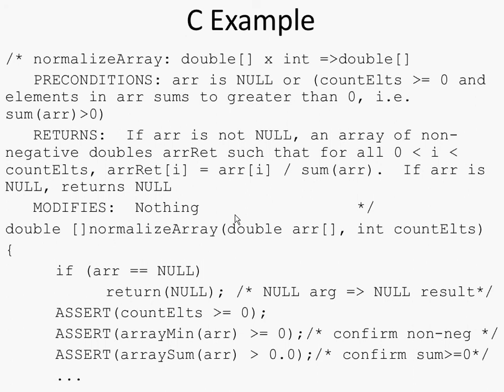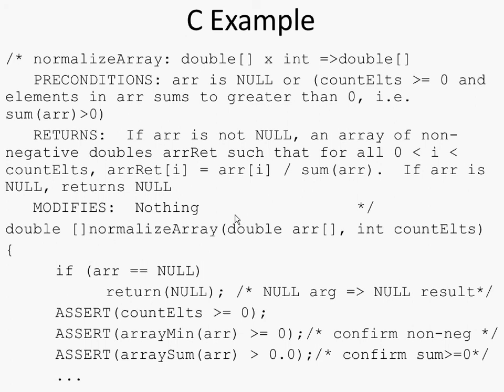Otherwise, if it's not null, it returns an array where each element is equal to the corresponding element of the array it got in, divided by the sum of all the elements of that array. And what does it modify? What does it change? Like global variables, it doesn't change anything. It just returns this data.